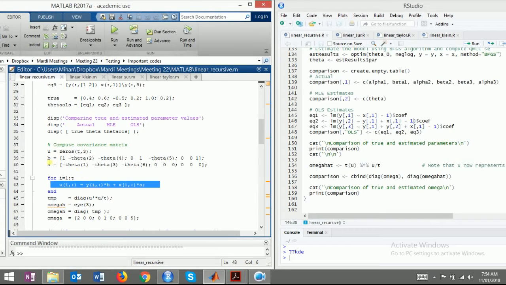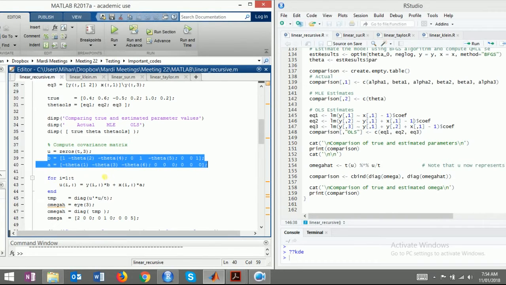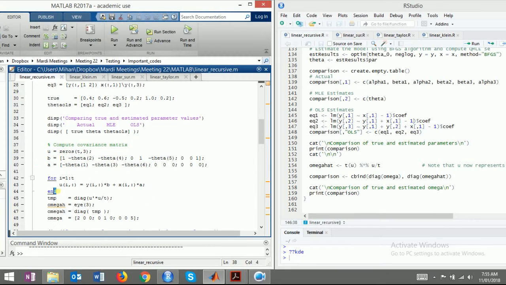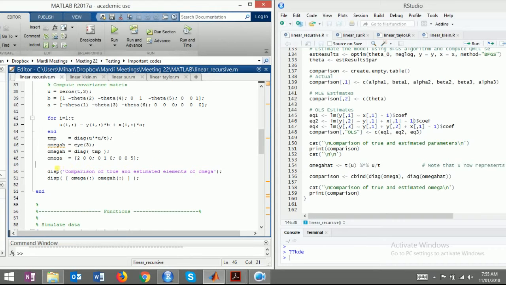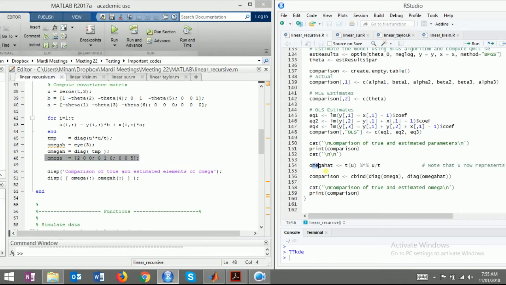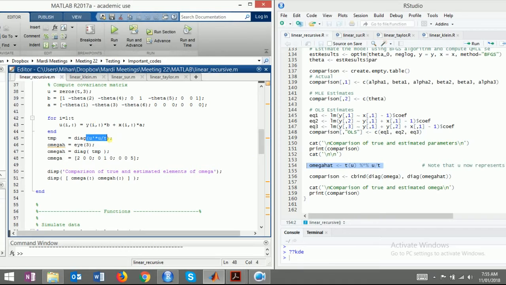Then we take omega, we estimate omega, which is the diagonal of the residual, and we compare. See, we don't need the identity matrix at all here in R, which is just this transpose in comparison with diagonal omega hat. This is just the comparison. Quite simple recursive model.